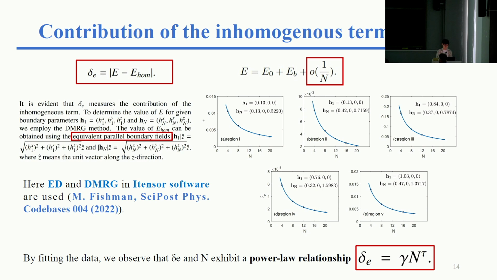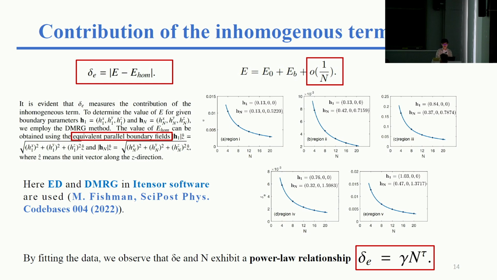Then we give these 5 pictures. They show that the contribution of the inhomogeneous terms will appear in the red circle, which means 1 divided by n. And the data show that what we want to know is the surface energy, the E_b.